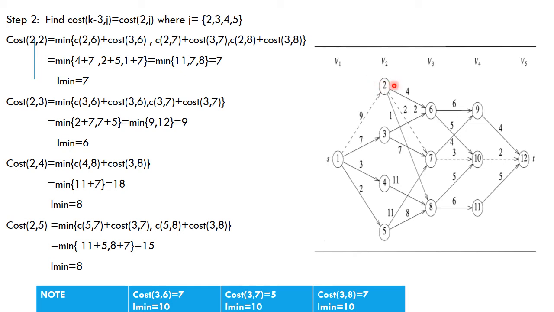So first minimum of C of 2 comma 6 plus cost of 3 comma 6, C of 2 comma 7 plus cost of 3 comma 7, C of 2 comma 8 plus cost of 3 comma 8. So among this minimum value is 7, and which L node gave you the minimum value? That is 7. This node gave you the minimum value 7.